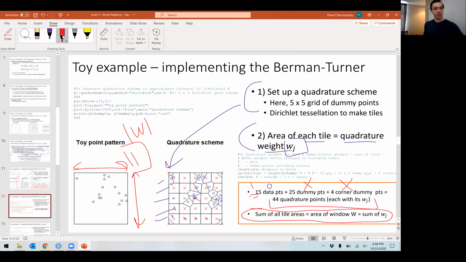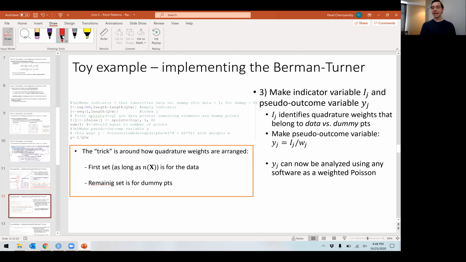Moving right along. Next, I'm going to make an indicator variable that produces a 1 when I'm dealing with data and a 0 when I am dealing with a dummy. The trick in R is how the quadrature weights are arranged. You don't manually play with the quadrature weights. The first n are the number of real points, the number of data points.